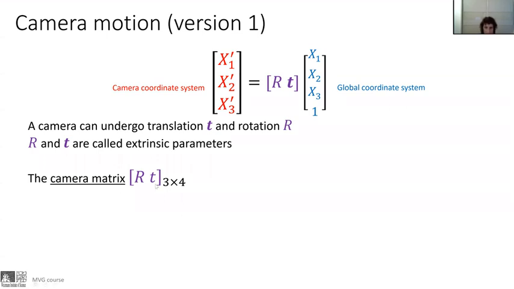The matrix RT is 3x4 and is called the camera matrix. And now I have a question. What is the camera center in world coordinates? Can we solve it? Anybody has an idea how to calculate the camera center in world coordinates?